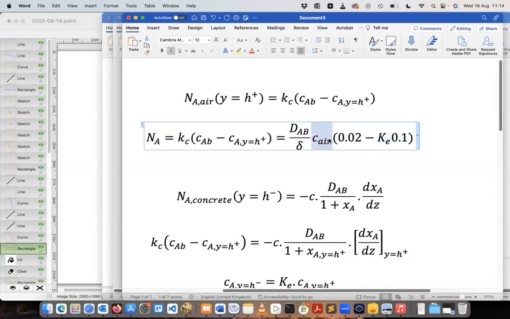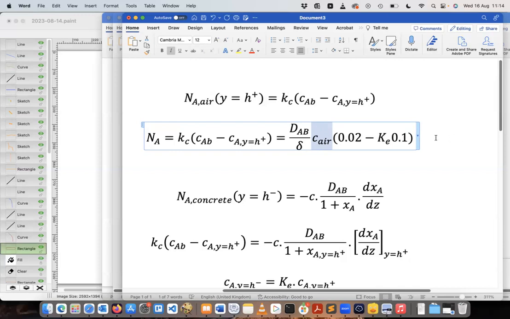You can take the molar mass of air, which is 80% nitrogen, about 20% oxygen, and a little bit of water. With the molar mass and the density of air, you can convert that to a total concentration. And the equilibrium constant we were given in the original problem statement. So we have everything we need to estimate this molar flux.